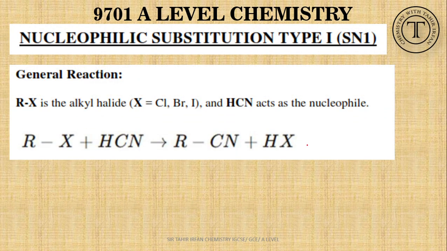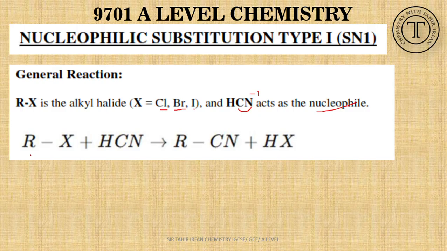Let's summarize that. RX is the alkyl halide, like it can be bromine, chlorine or iodine, and HCN acts as the nucleophile because it has a CN-1 charge that has high electron density, and it can act as a nucleophile. So this is the general reaction.